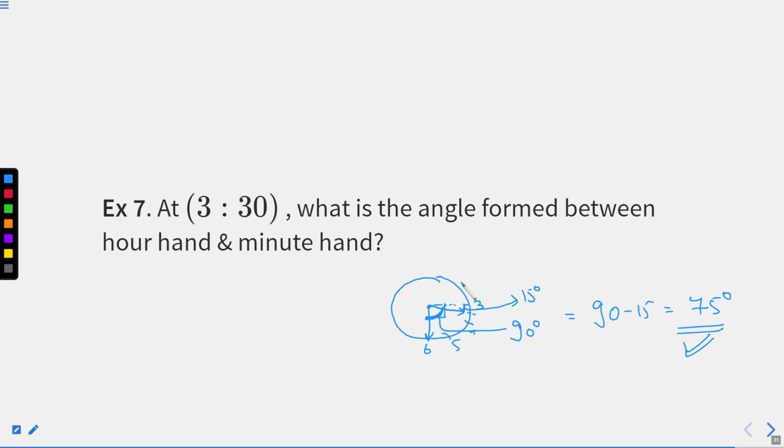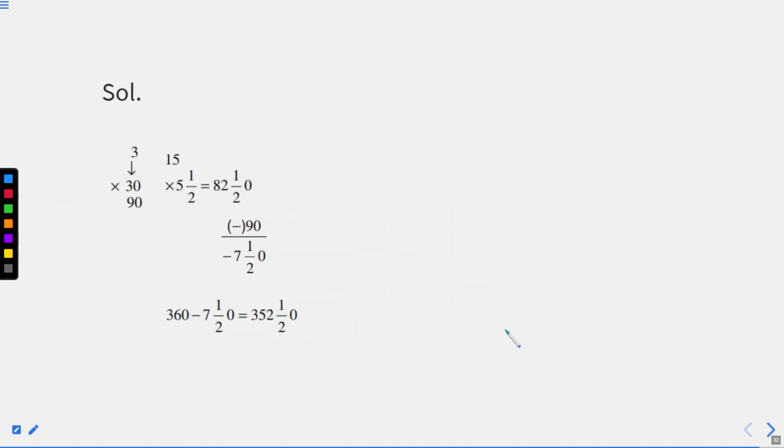Now if you have to find the outer angle, just subtract it from 360. How much will you get? 285 degrees, right? This is the inner angle, and this is the outer angle. I hope you are clear with both these things, right? Here you can see as well.